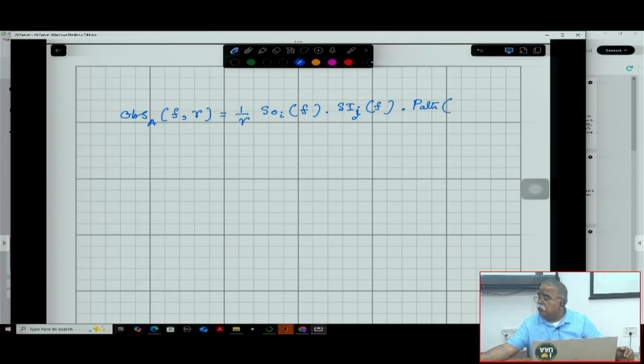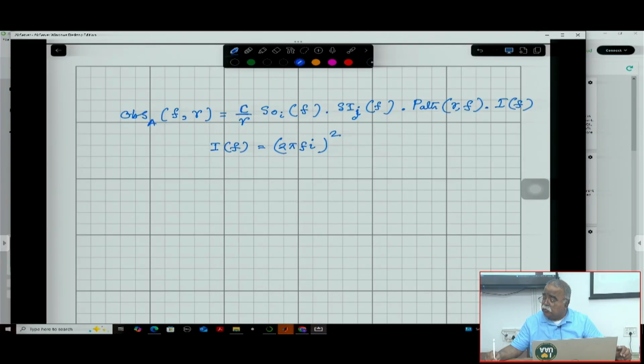For an acceleration spectrum this will be equal to (2 pi f) squared with the source term, and there is also a constant term, c.